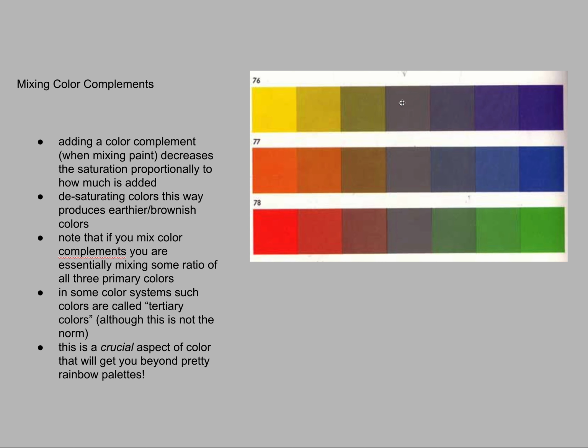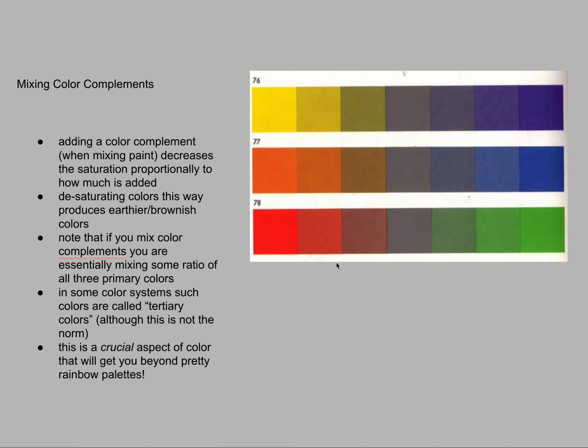So mixing towards this middle area of earthier, desaturated colors is just some proportion of mixing the three primary colors. In some color systems, this used to be called a tertiary color, and I'm really disappointed that didn't take hold. Tertiary colors, that's a term that refers to something else now, but I wish it were the case because it's very handy to describe this.